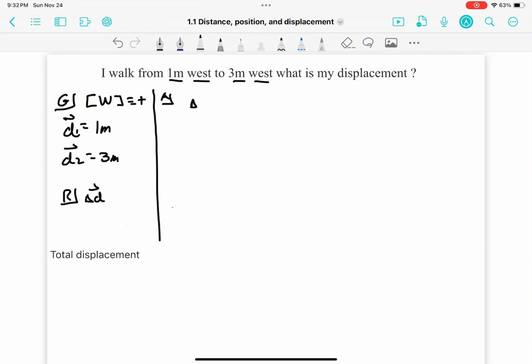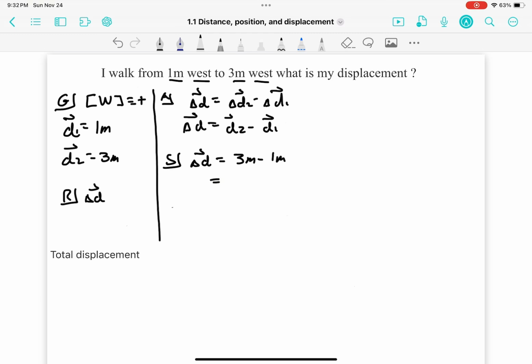We can go delta D vector is equal to D2 minus D1, or delta D vector is equal to D vector 2 minus D vector 1. So in our solution, we can just go delta D vector is equal to simply 3 meters minus 1 meter, which is just equal to 2 meters.